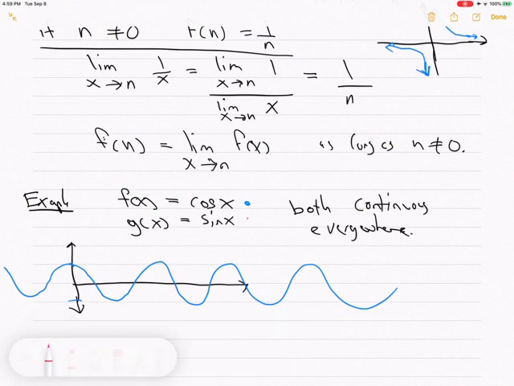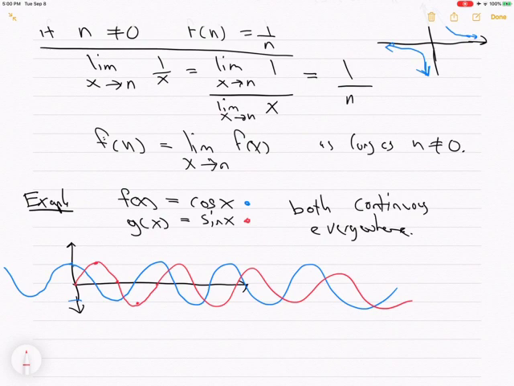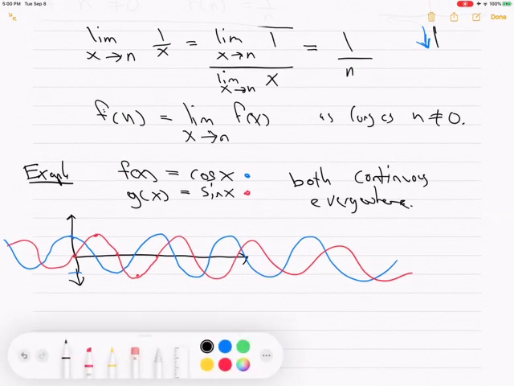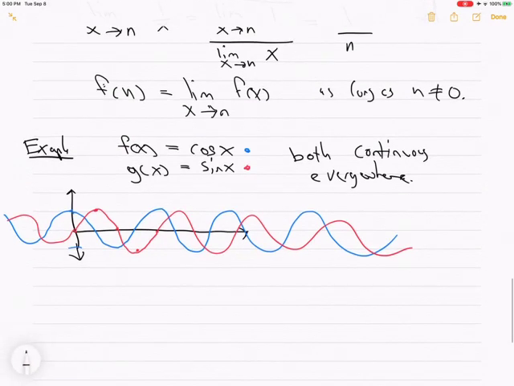And let's look at sine of x. Sine of x looks like this. I should probably try to get the phase correct. I'm now just sort of squiggling, so it's not going to line up perfectly. But the point is, these are both continuous functions, and every time you have a continuous function, it's easy to calculate the limits.